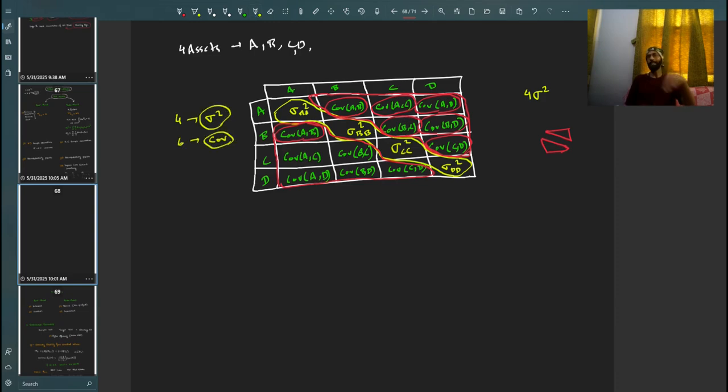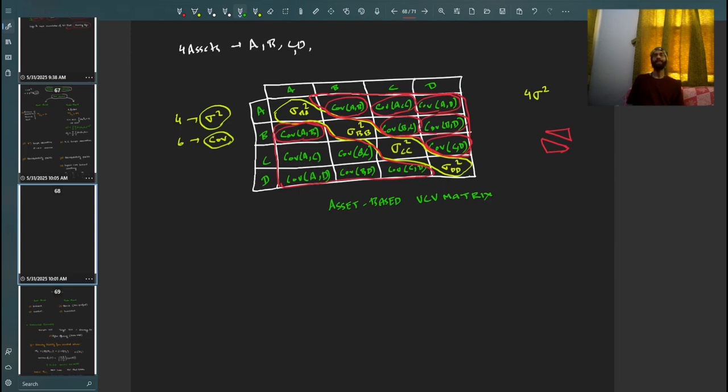Now if the number of assets is increased, let's say the number of assets n is equal to 100, then how many variances and covariances will there be? Now here the expression comes in. Now this is our asset-based variance covariance matrix, right? Now here we had only 4 assets. N was equal to 4.